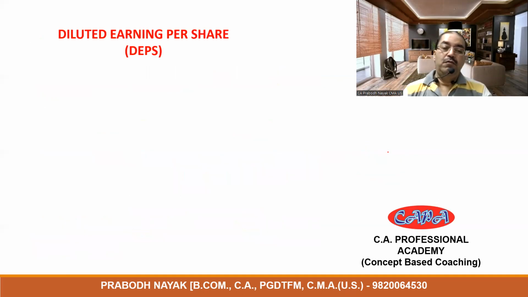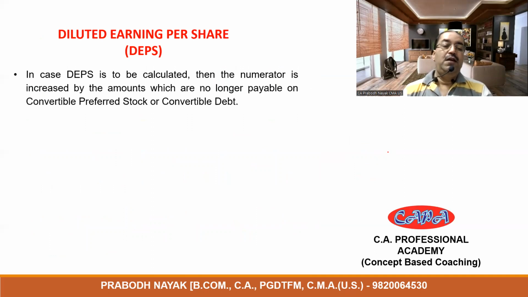Now let us come to diluted EPS, diluted earning per share, or DEPS. In case diluted earning per share is to be calculated, how is it going to affect my problem? First of all, what is the meaning of diluted earning per share?